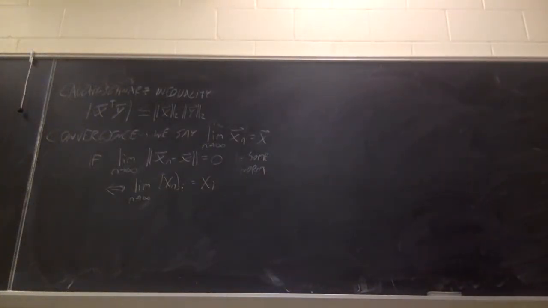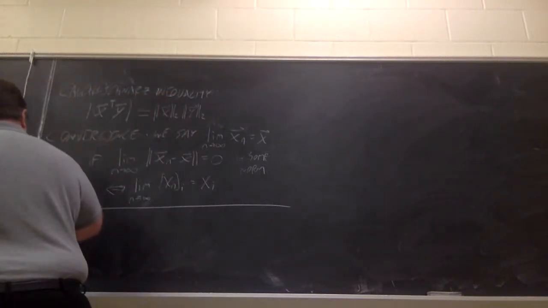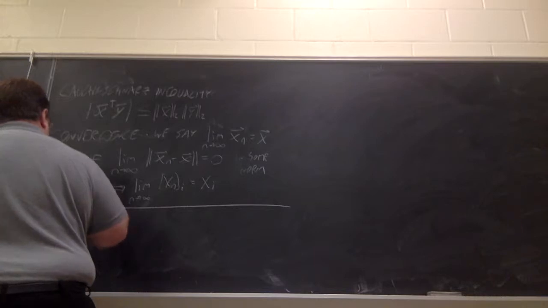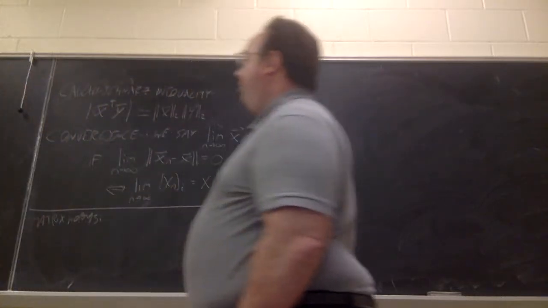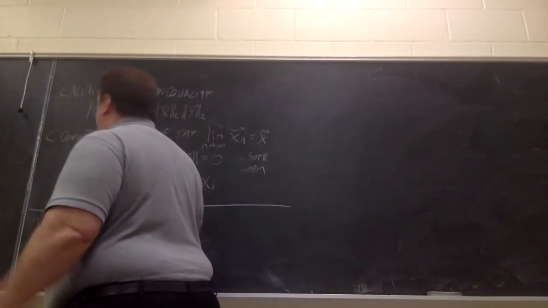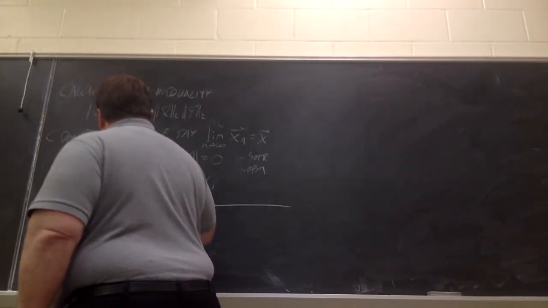Now, from vector norms, we can talk about matrix norms. Matrix norms have to have the same properties as vector norms. They can only be 0 for the zero matrix. They must satisfy the triangle inequality.